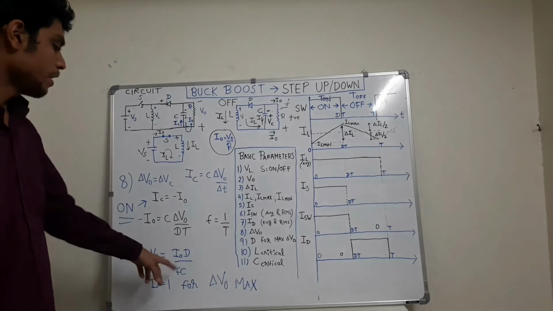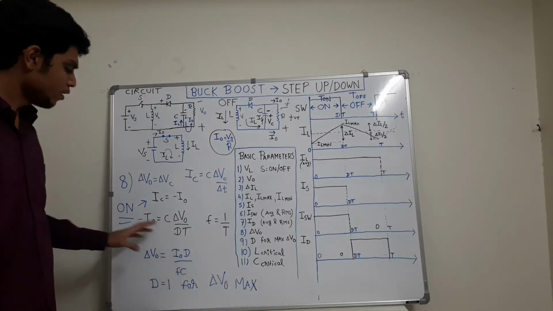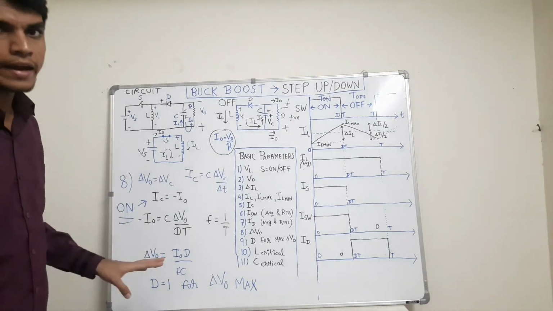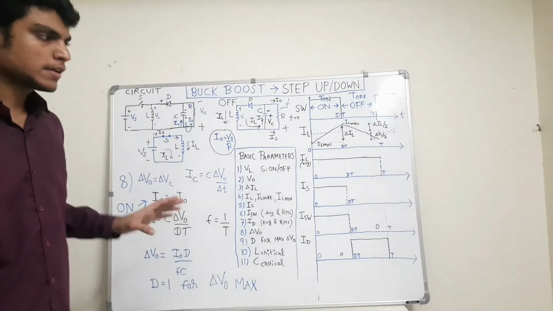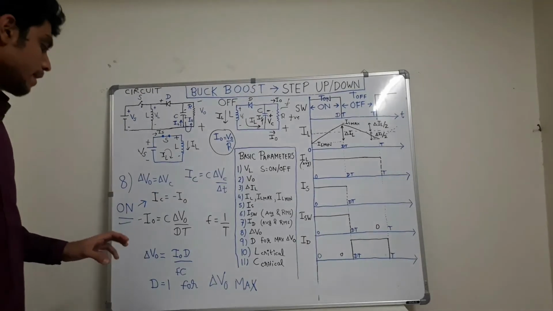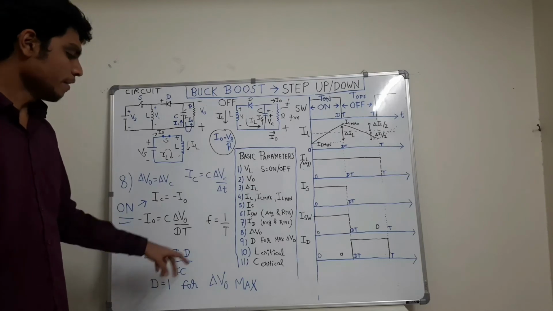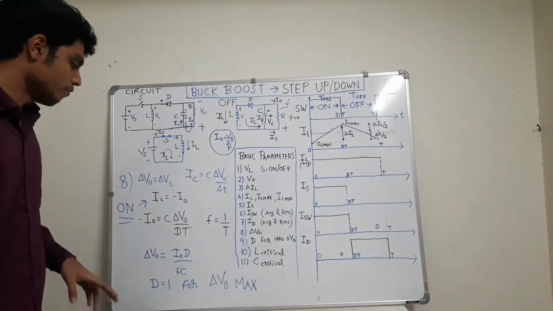From that we will get the equation of the output ripple voltage. This is magnitude only, I have ignored the negative sign, which implied there is a decrease in output voltage for the on cycle. So del V naught is equal to I naught into D upon Fc, where F is equal to 1 upon T.